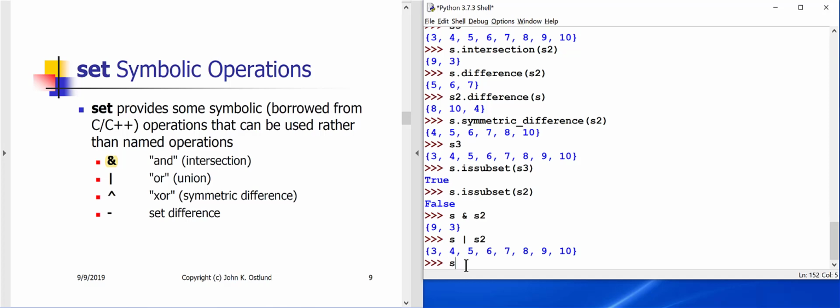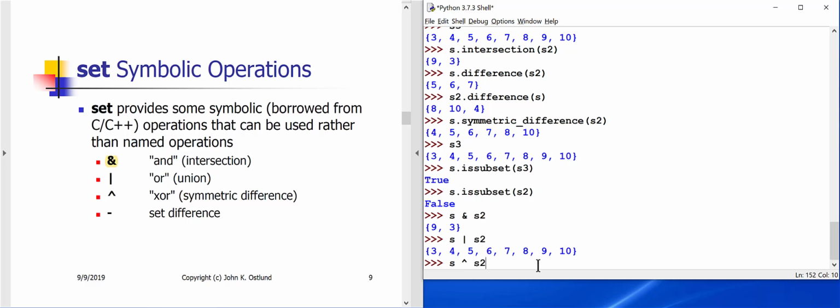Now, exclusive or, the caret symbol, or the hat, or the circumflex, there are many different names for that character. The exclusive OR of S and S2 is the same as the symmetric difference. That is, it's the items that are in S or in S2, but not in both S and S2.